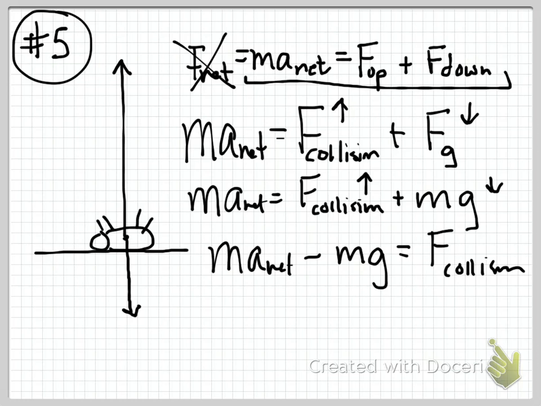But we can even factor out the mass, A net minus g. Remember that that's a negative number. Do we usually factor that out? It's often useful to do that, yes. It is often, especially as we get into later problems where there are some additional complexities, very helpful to be able to factor out that mass.